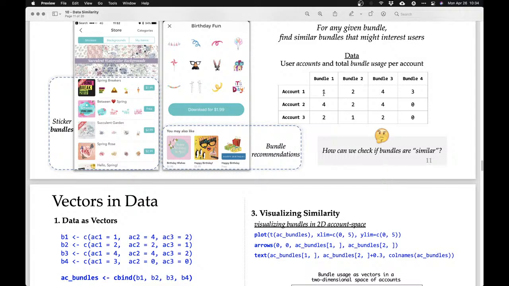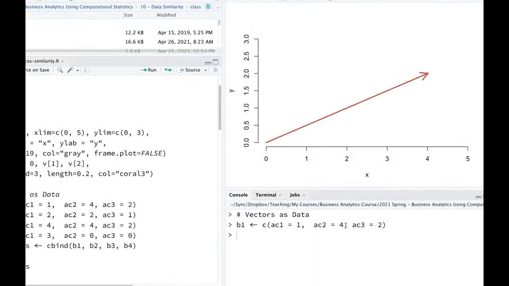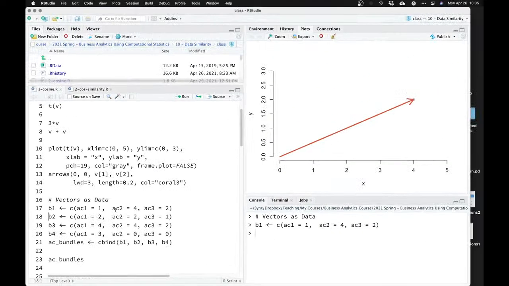So the first bundle has three numbers, 1, 4, and 2, for account 1, for these three accounts. Okay, let's put these together. So here's bundle 1. Bundle 1 has these usage numbers for account 1, account 2, and account 3. Bundle 2 has these, bundle 3 has these, bundle 4 has these.